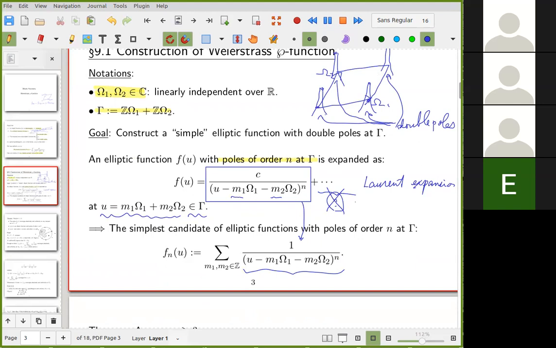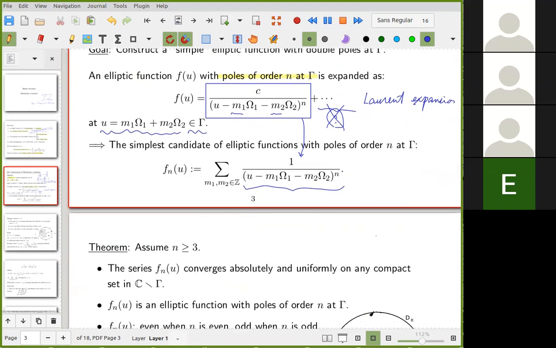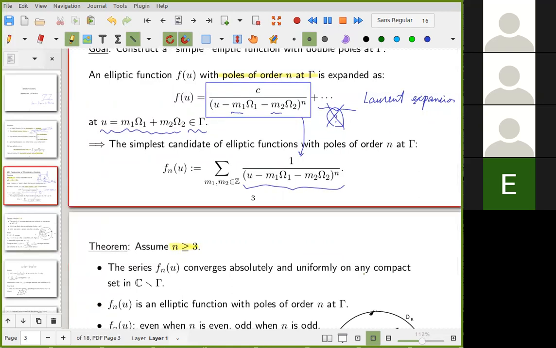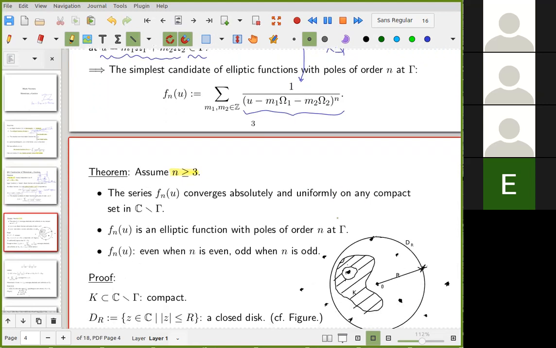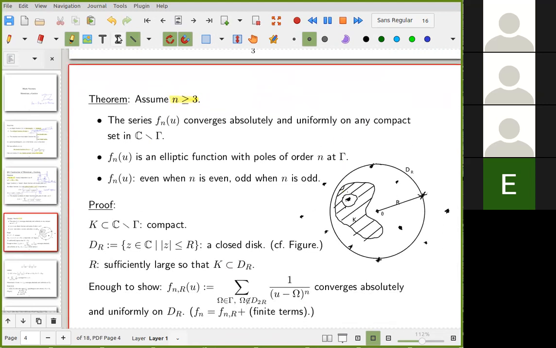Then, if this series makes sense, it should be an elliptic function, namely a doubly periodic function with poles of order n. And indeed, such a series does define an elliptic function when n is larger than 3. Namely, the exact statement is as follows.